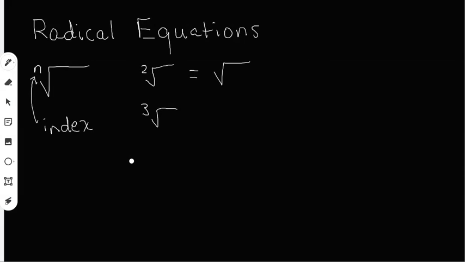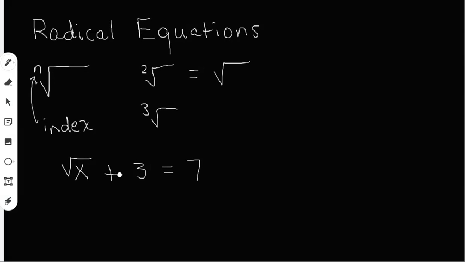And when we solve radical equations, what we want to try and do is get x by itself on one side. So let's try this one. I have the square root of x plus 3 is equal to 7. So for this one, I want to try and get x by itself on the left side, which means I need to get rid of everything on the left side that is not the x.